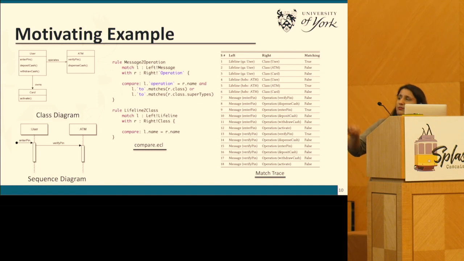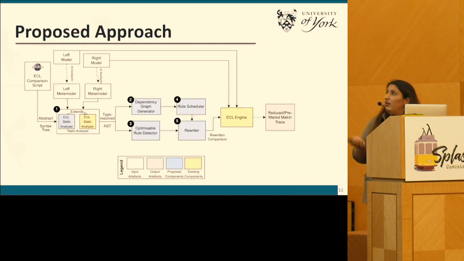Imagine if the underlying models were on the order of millions of elements, then we'll end up with a huge match trace, which will decrease the performance of the ECL engine. So the idea is to optimize the ECL program so that we can end up with a filtered or reduced match trace. The approach that we have proposed for this is illustrated here.